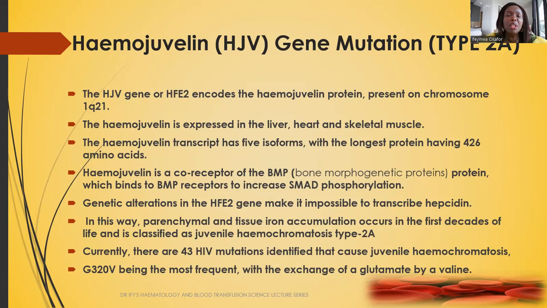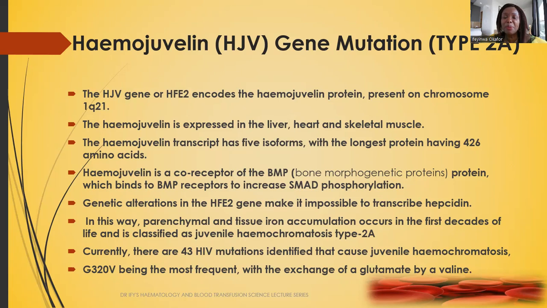The hemojuvelin gene or HFE2 gene encodes the hemojuvelin protein, present on the long arm of chromosome 1, position 21. Hemojuvelin is expressed in the liver, heart, and skeletal muscles. The hemojuvelin transcript has 5 isoforms, with the longest protein having 426 amino acids.